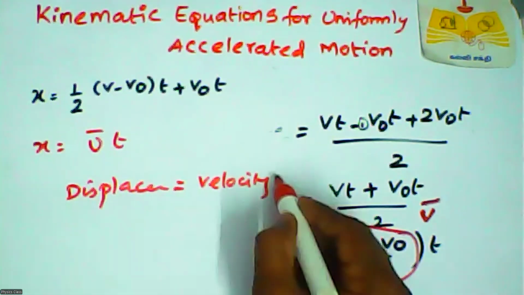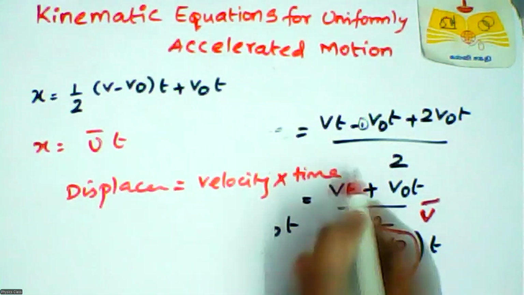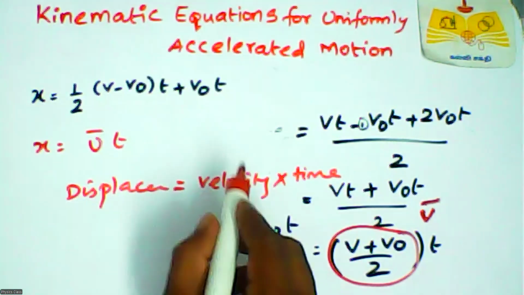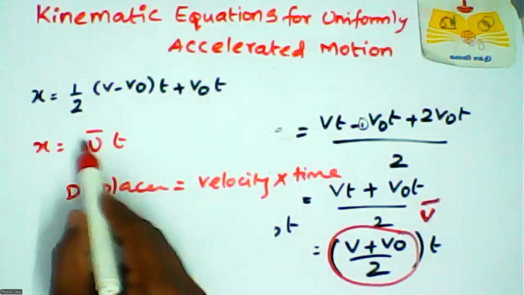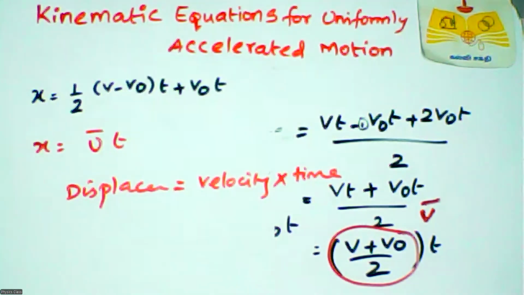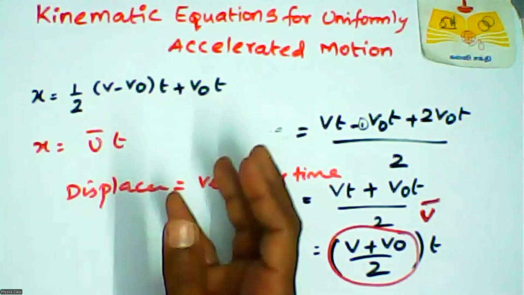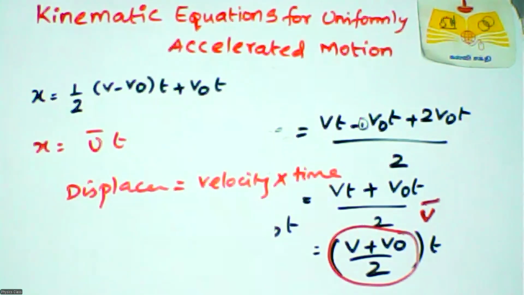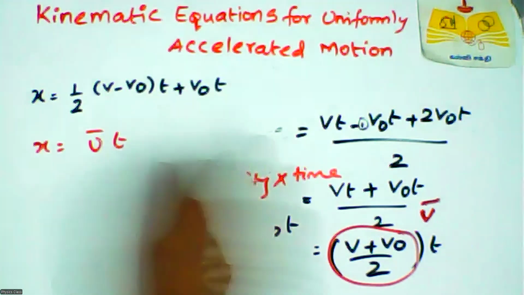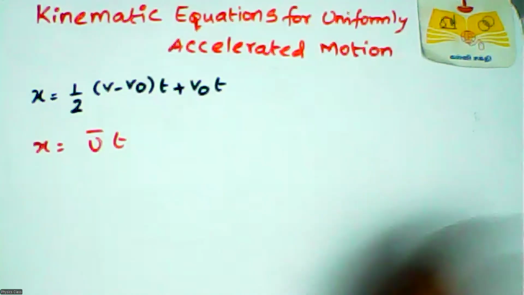So that time goes here. So displacement equals velocity into time. That's why we can put x is equal to v bar into t. v bar gives v plus v naught by 2, which holds for constant acceleration only. In your book, you can see that constant acceleration. Okay, so now for t, the time.